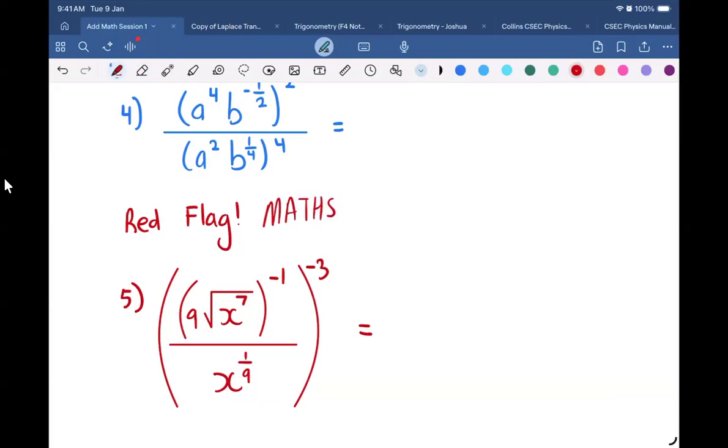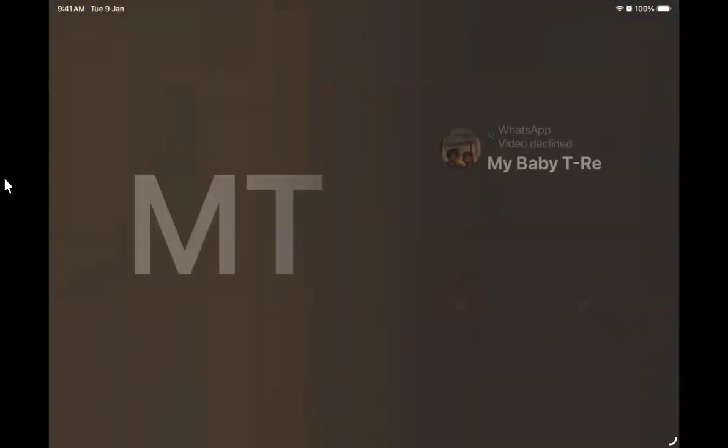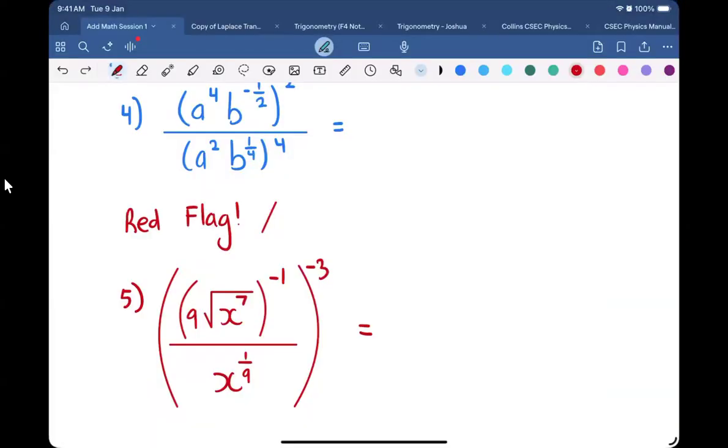Oh, you like a red flag? Oh no, that is not a red flag. That's a blue flag. Opposites are red. Sorry about that. All right, so I'm just gonna draw an actual red flag.